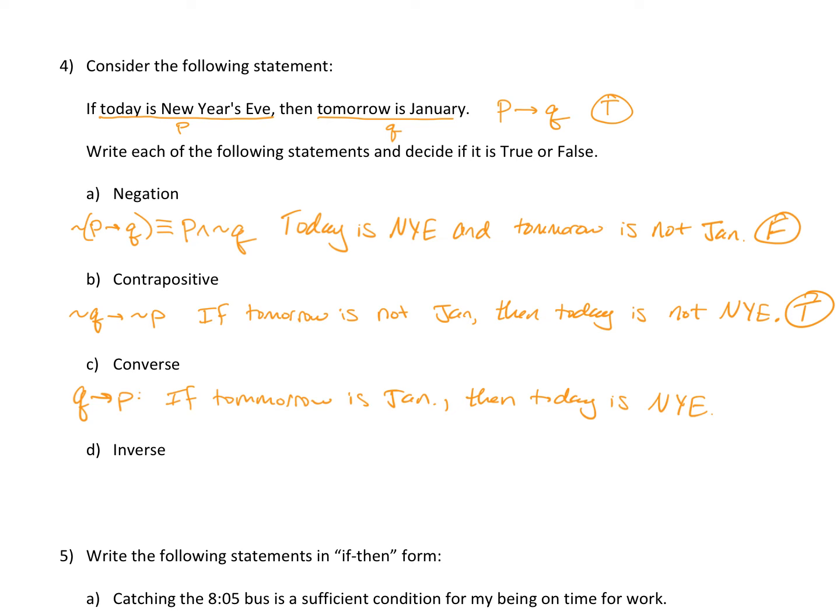Okay, true or false? This is not necessarily true, right? Because today could be January 3rd, right? So tomorrow is January, but today is not New Year's Eve. The if part is true, but the then part is false. So this is false.